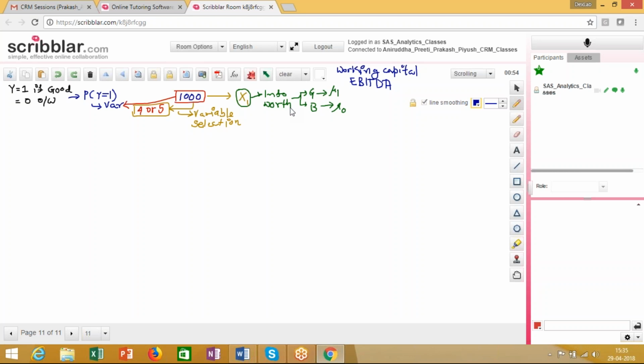It is here that this distinction comes. We question ourselves that if EBITDA is to be a good variable, then it should be in a position to distinguish between the good and the bad.